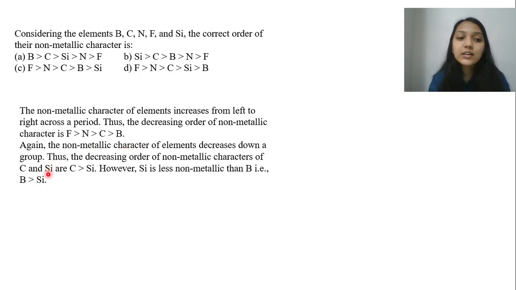And hence silicon will have less non-metallic character than carbon, and hence silicon is less non-metallic than boron. So in this case, it is F, N, C, B and Si. That is the third one, which is the correct answer.